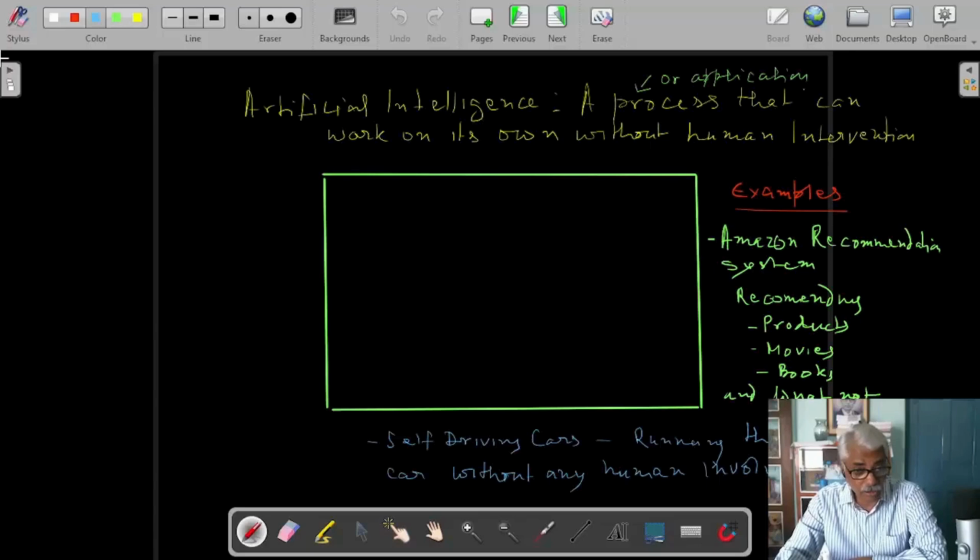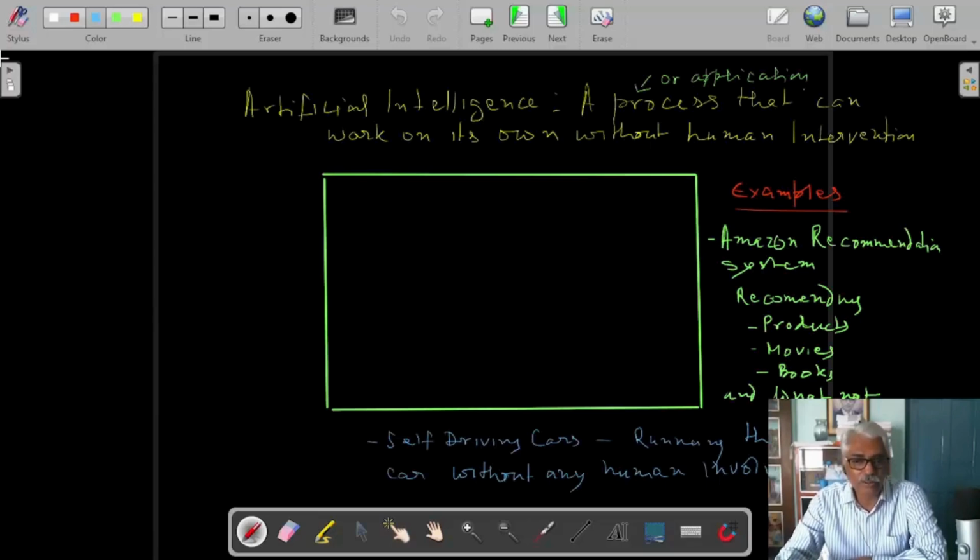Although a self-driving car has another feature: it can maneuver itself without having to be steered by the pilot or the driver.